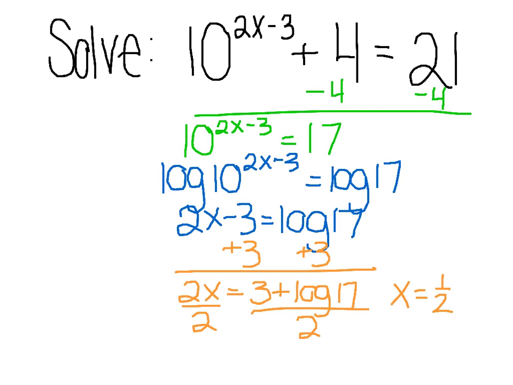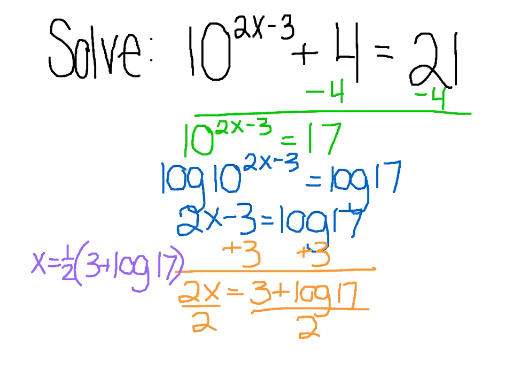Actually, I should write this on the other side where I have more space. This is going to be x equals 1/2 times (3 plus log 17). This might be easier to put into your calculator, but you can do it either way. Once you get it, you'll get about 2.115 if you use your calculator.